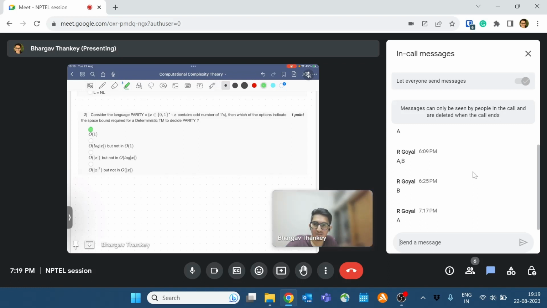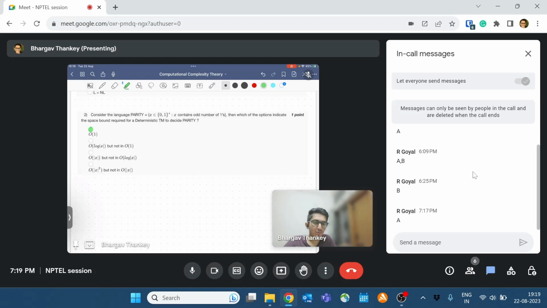Yes, and moreover, in the case of a Turing machine, if whatever I read from the tape I replace by the same symbol, and every time I make a right move only, then that is nothing but a deterministic finite automaton. Right.